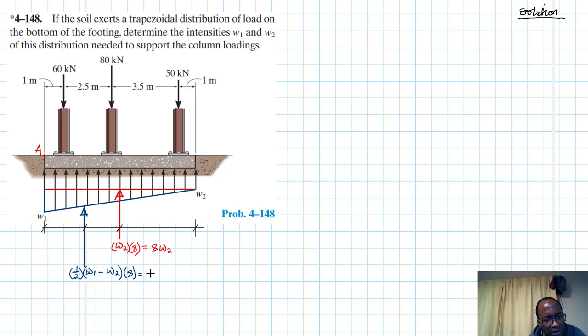Therefore, this gives us 4 times (W1 minus W2).